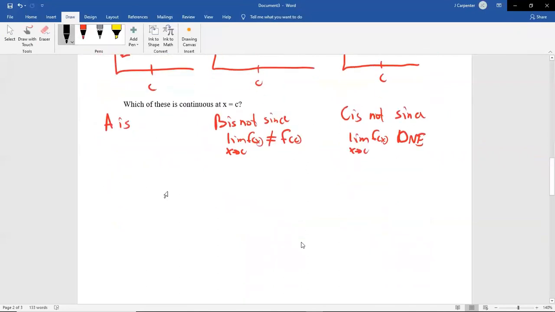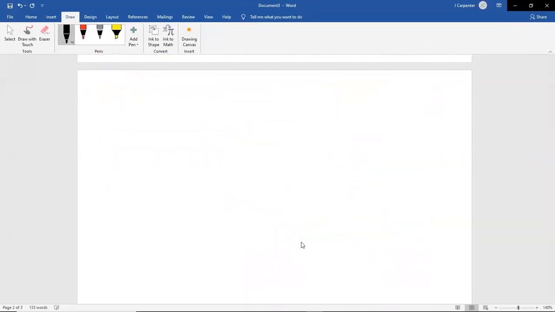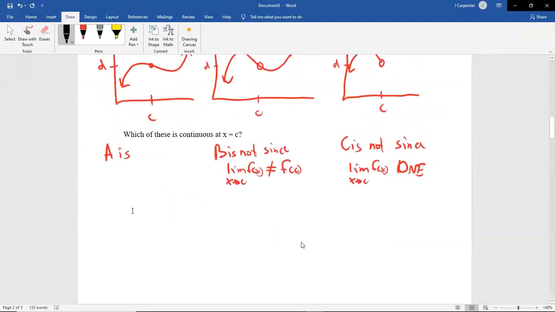Let me make sure I've got enough enters hit so I don't goof this up again. Example 7. Let's do another limit first, and then we'll do a continuity. I actually meant to do this one before. That's my bad.